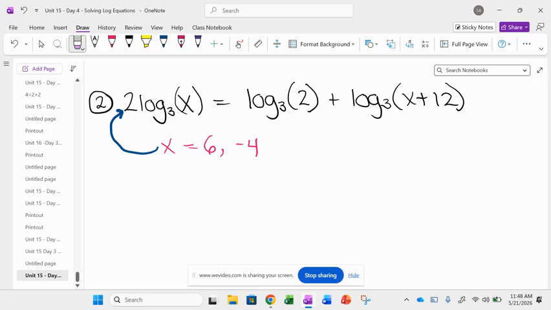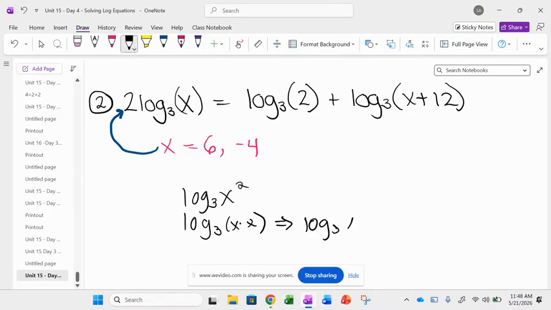But that's not what it is, because no matter what, that x can never be negative. It can never be negative because even if this were x squared, log base 3 of x squared is the same as saying log base 3 of x times x, which is the same as log base 3 of x plus log base 3 of x.